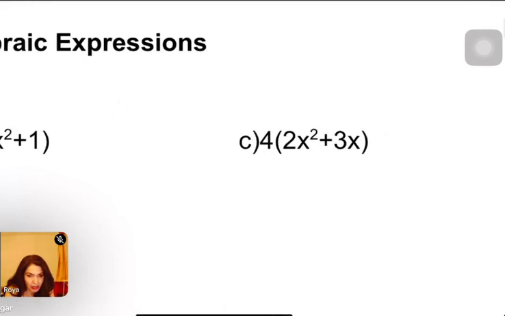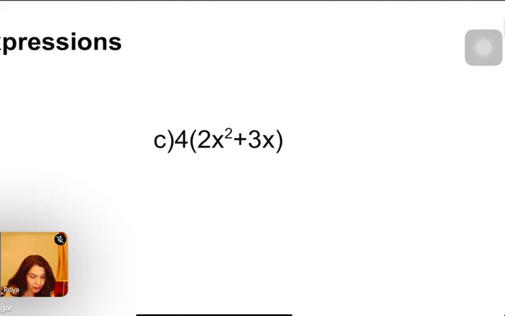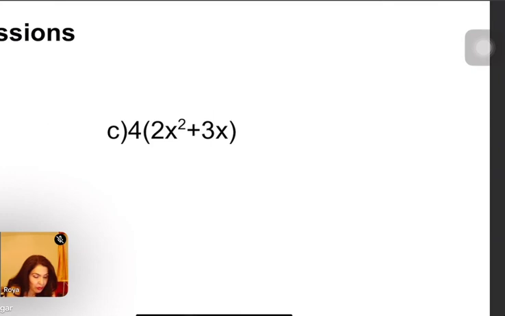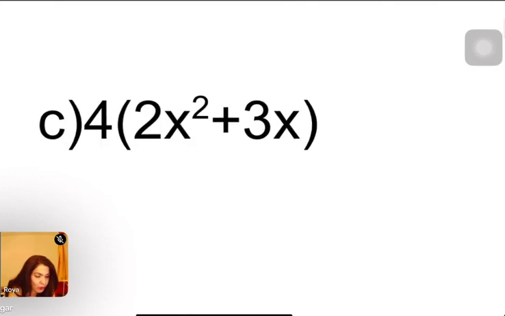Example C. We have brackets here and 4 outside. This exactly means that 4 multiplied by 2x squared plus 3x.